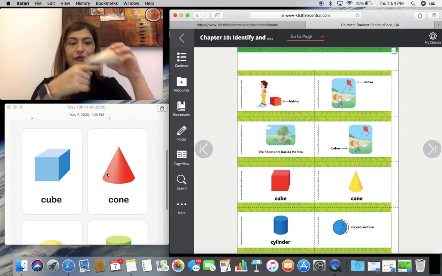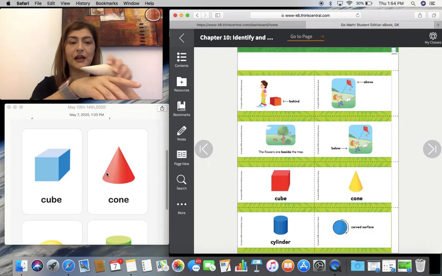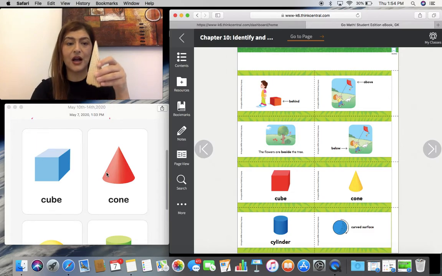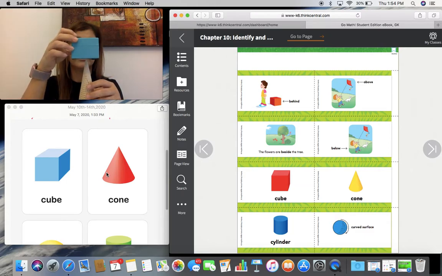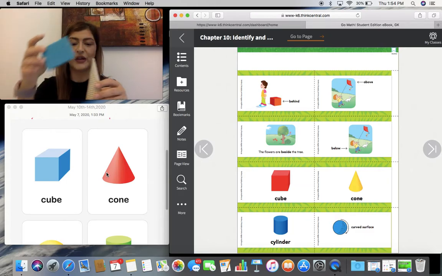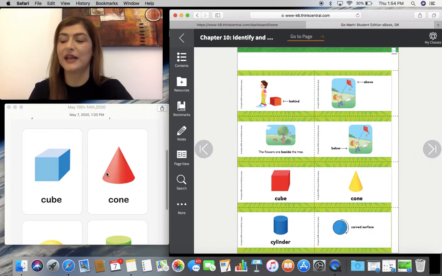From the sides, it can roll, and it can also slide. But do you think this ice cream cone can stack if I put something on top of it here? No, it cannot stack. So it can slide and it can roll.